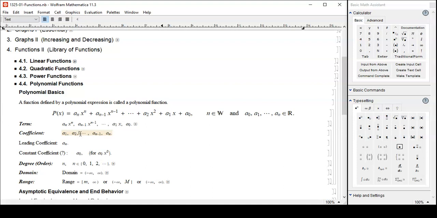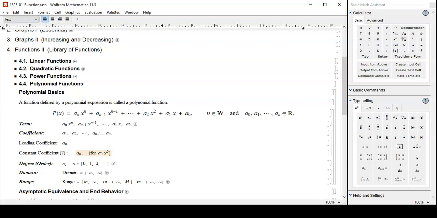And there's a bit of confusion here. How about a0? Is it considered a coefficient, or since there's no x in there, is it not a coefficient? Well, there's confusion even among mathematicians, actually. People do not agree.